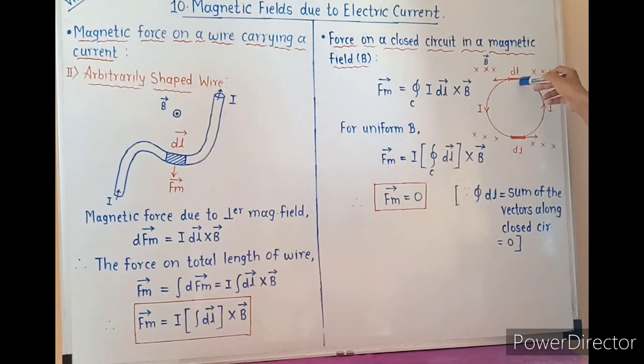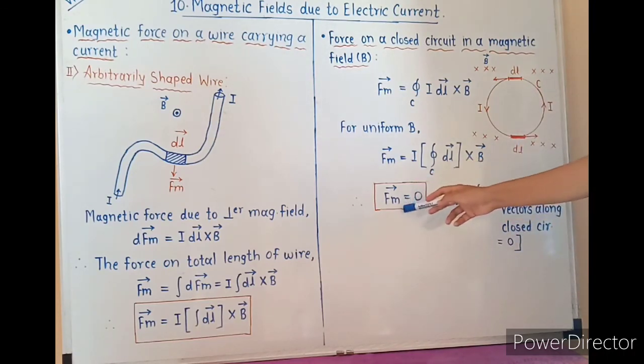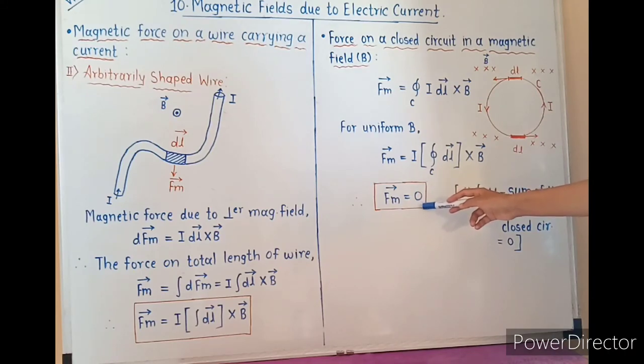The forces acting on the small elements are equal and opposite, so they cancel each other, and hence the sum of the vectors along the closed circuit is always 0. So the magnetic force on a closed circuit in a magnetic field B is always equal to 0.